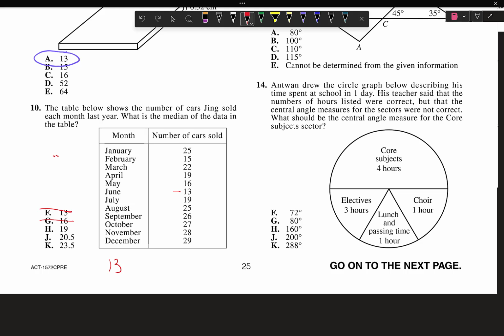13 is the smallest, then 15, 16. I'm going to cross them off as I use them. 19, I see 19 twice. I think 22 may be next. And then 25 twice.